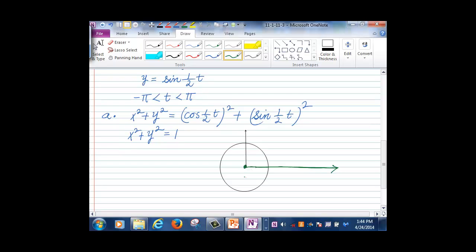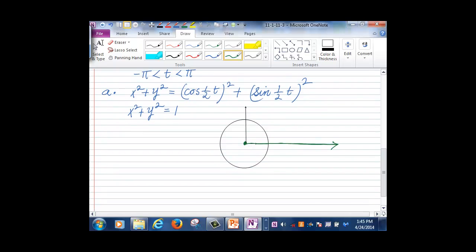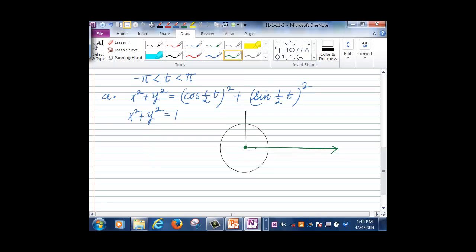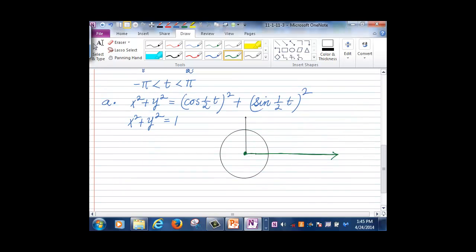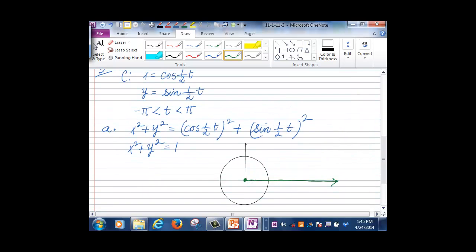Now the question is how is this curve traced, and also are we tracing the entire curve as t goes from negative pi to positive pi? That's what we need to determine, okay? So how do I determine how I'm tracing the curve and what part of the curve? Am I making sense? We know certainly that the curve is part of the circle.